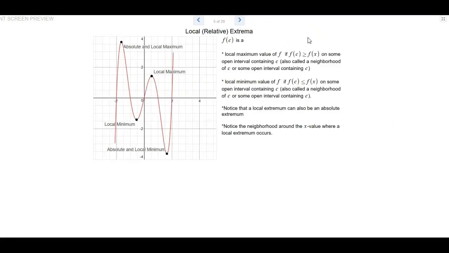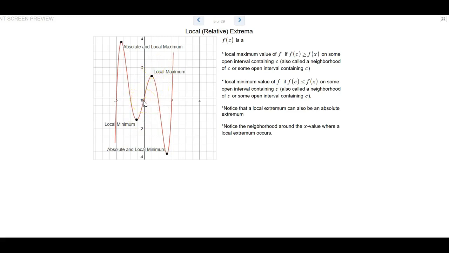The other type of extrema that we talk about are local extrema. A local max or min is a y value that occurs at a turning point, a place where the graph changes direction. So here's a local minimum, here's a local maximum, because the graph is turning around and changing here.